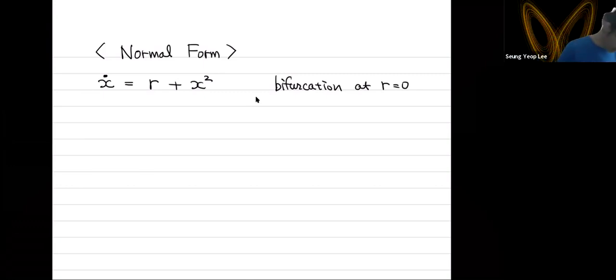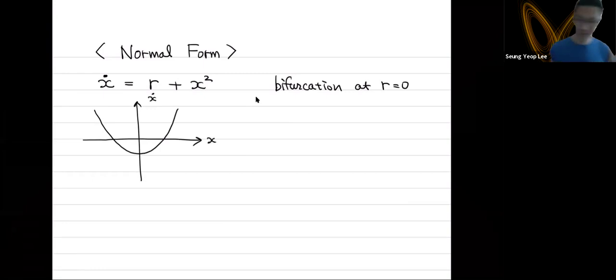What kind of bifurcation? So when r is negative, you have this kind of picture, right? I'm trying to draw the graph of x dot so as to find out the phase portrait. This was what we did a long time ago.